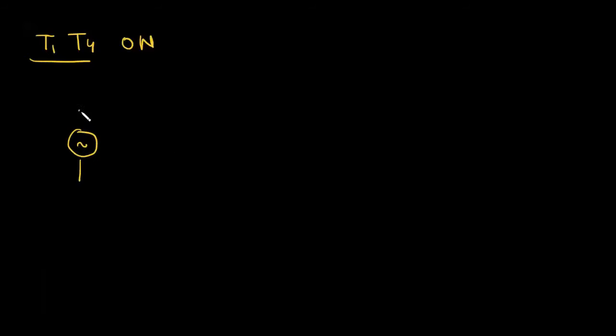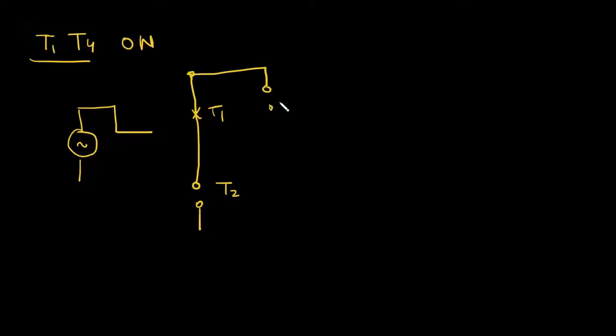So when T1 and T4 are conducting, the equivalent circuit is: T1 is conducting, T2 is in off state, T3 is in off state and T4 is conducting.